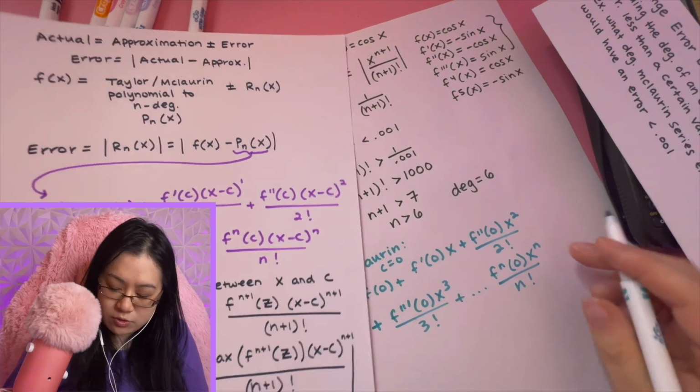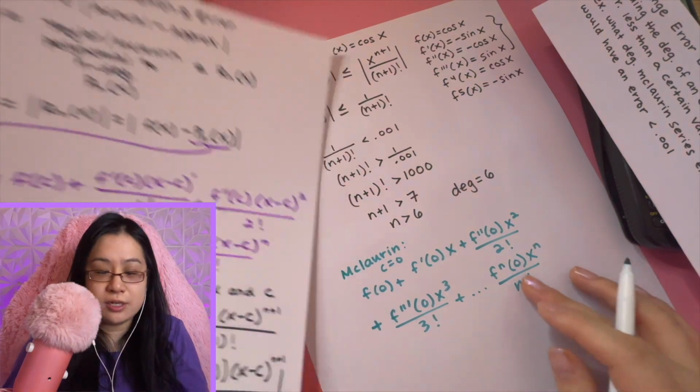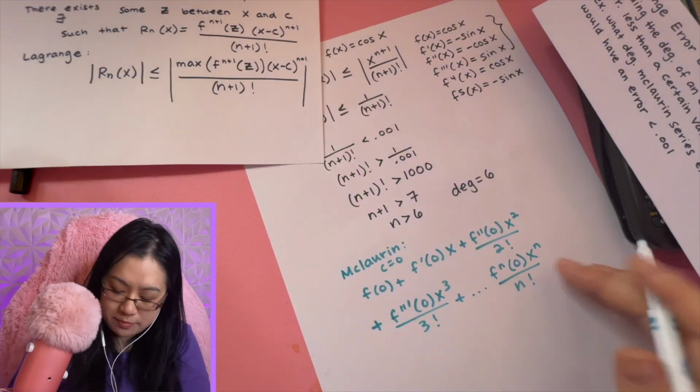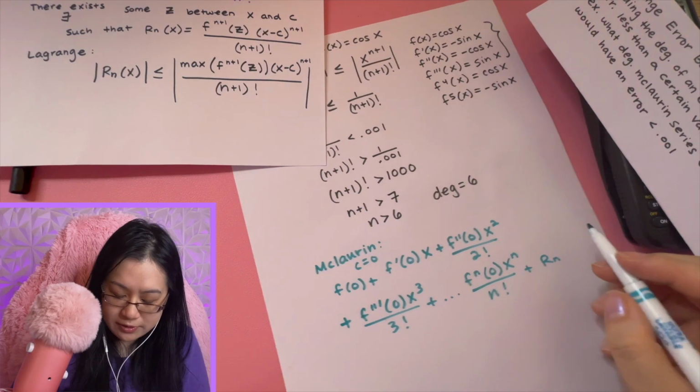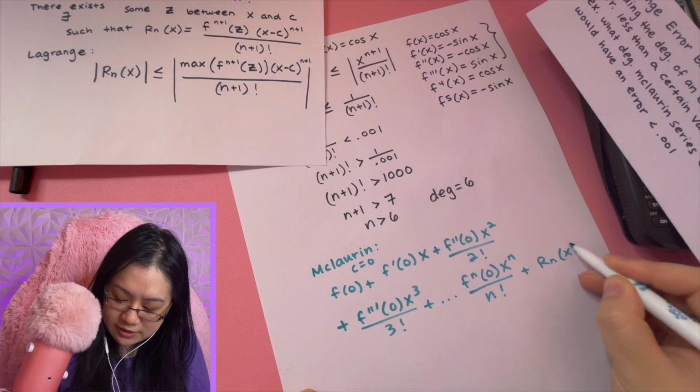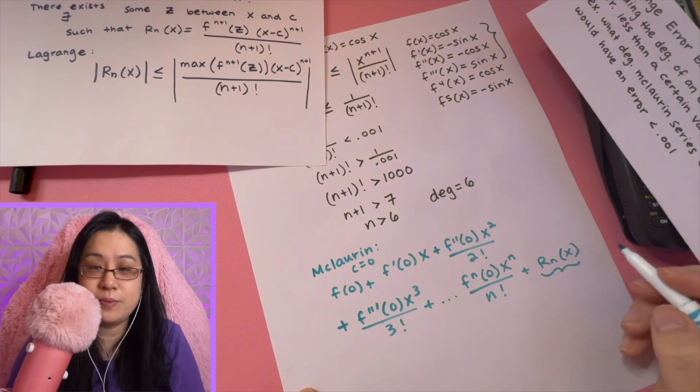Alright, so this is the n approximation, and then of course we have our Rn part, right? The Rn of x, that's the remainder, that's the error part.